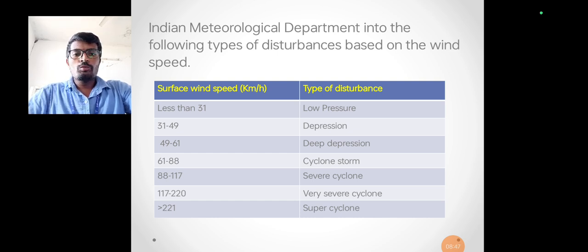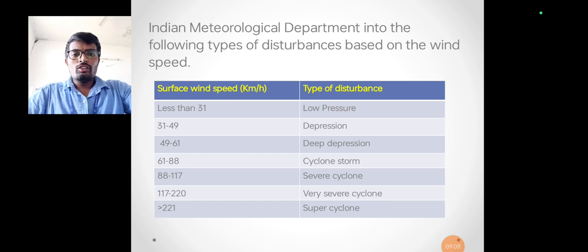If the surface wind speed lies between 88 to 117 km per hour, the type of disturbance is severe cyclone. If the surface wind speed lies between 117 to 220 km per hour, the type of disturbance is very severe cyclone.